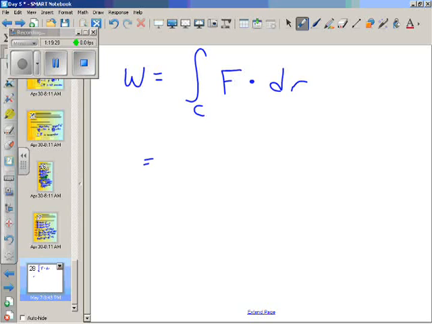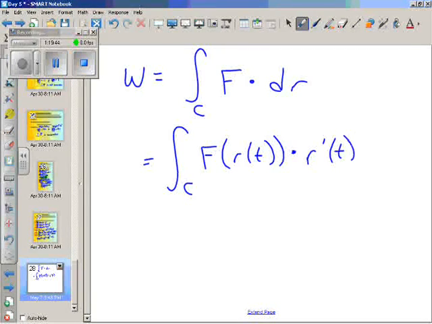And we can rewrite this as the integral over C of F of r(t) dotted with r prime of t dt.